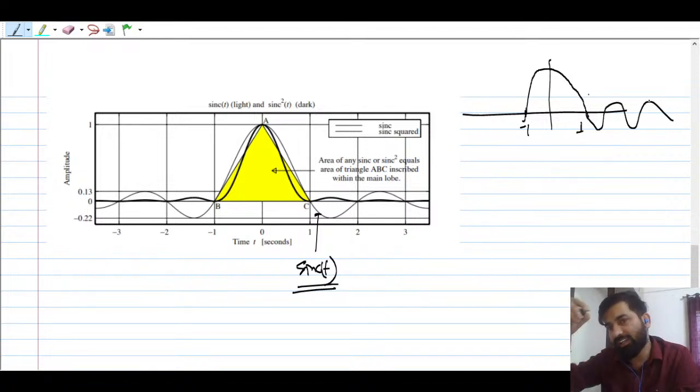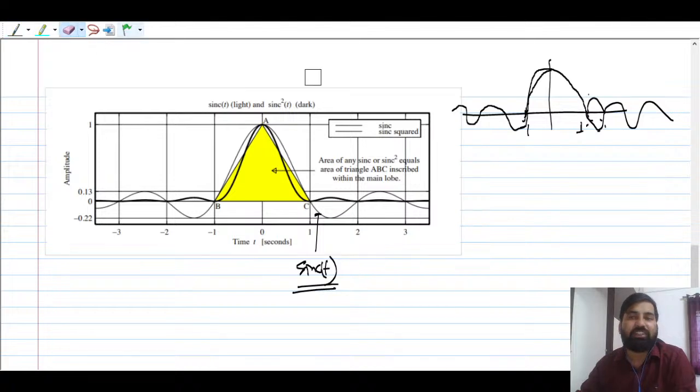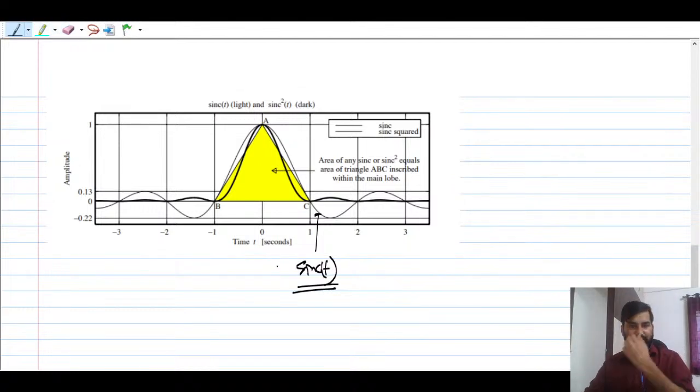It is a decaying oscillation. If you square it, sinc square t looks the same, but the negative oscillation becomes positive. So please remember the plot of the sinc function as well as the sinc square function.